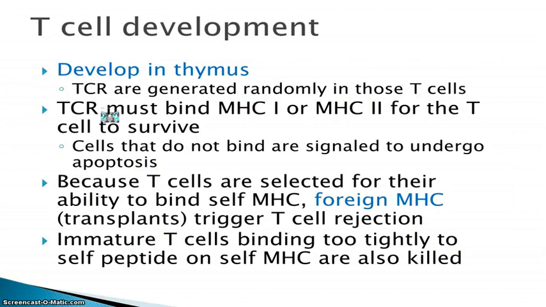So, like I was saying, T cells develop in the thymus. They go through a very similar maturation process that B cells do. Anything that doesn't bind appropriately to either MHC class I or MHC class II, depending on what kind of T cell it is, is going to be stimulated to undergo apoptosis.